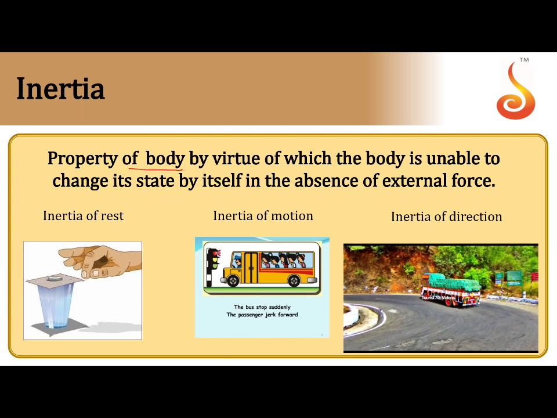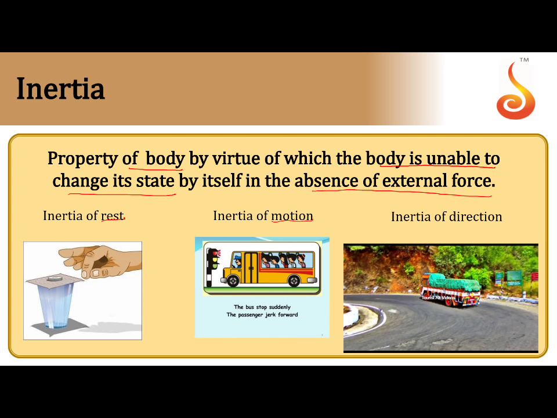It is not a property of an external agency, it is the property of that particular body, by virtue of which the body is unable to change its state. Unable to change its state means if it is at rest, it will remain at rest. If it is in motion, it will continue its motion. So that state of rest or motion cannot be changed by itself when there is no external force acting on it.